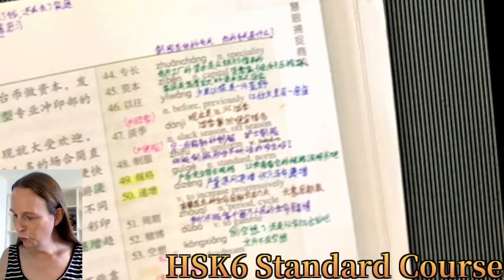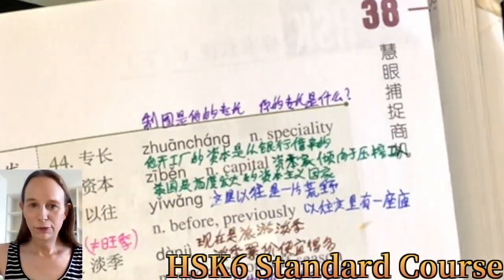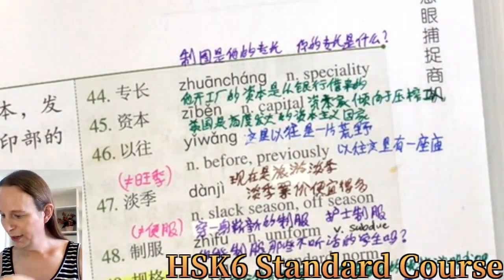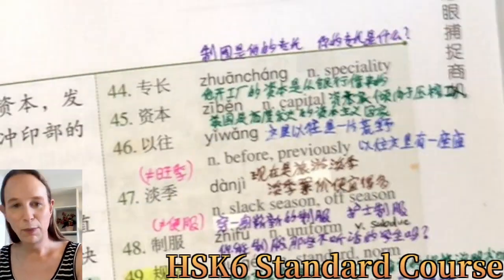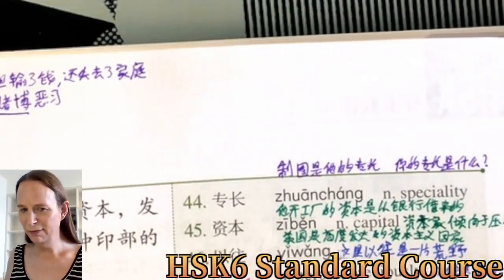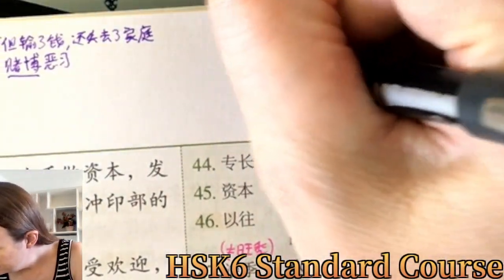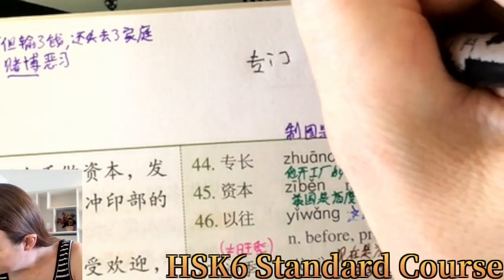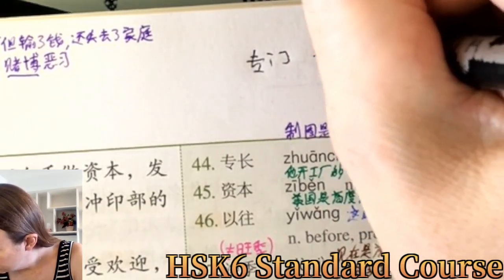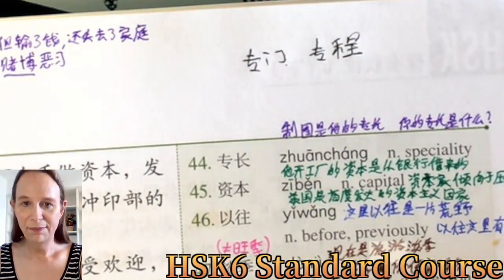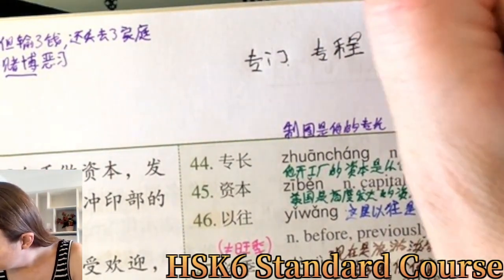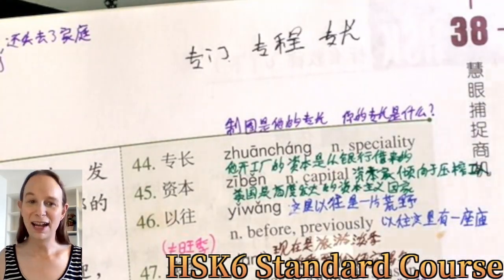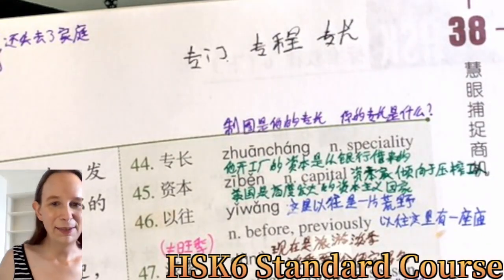All right, 专长 yeah, 专长 so there's 3 words you need to know here. 专长 is one of them. 3, maybe there's even more than that, but off the top of my head, 专门, 专程, and yeah, 专长. 专长不一样, kind of similar but 不一样.